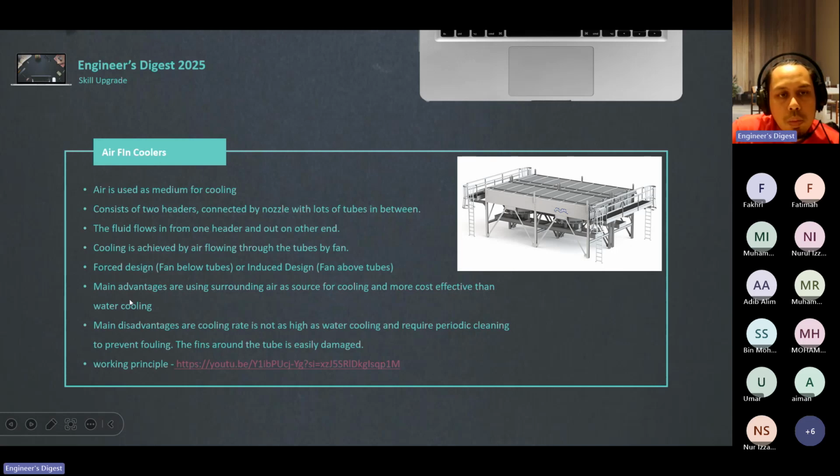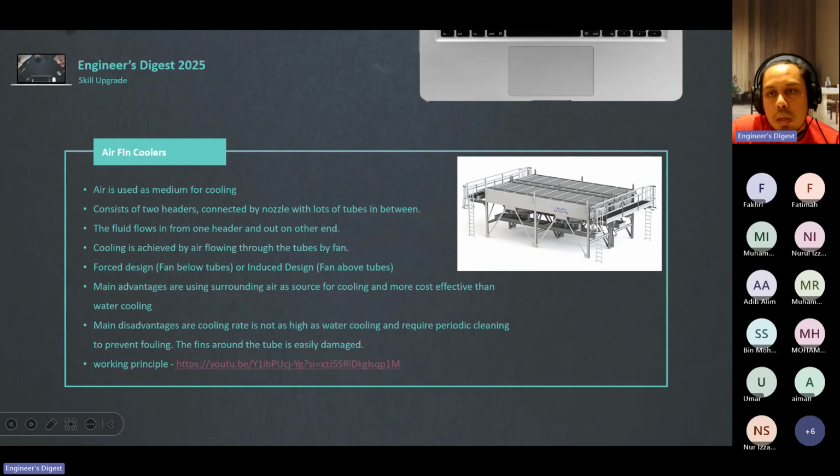So the main advantage is using the surrounding air only. Air is free. You can use it, and it is more cost effective than water cooling. The main disadvantage is the cooling rate is not as high as water because it depends on the surrounding ambient. At night time it will be cool around here, so it's better.